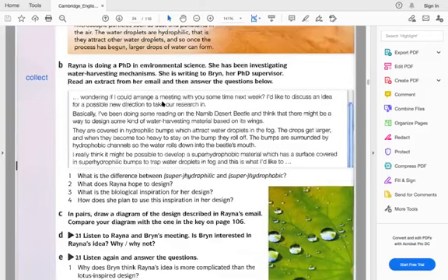Wondering if I could arrange a meeting with you sometime next week. I'd like to discuss an idea for a possible new direction to take our research in.